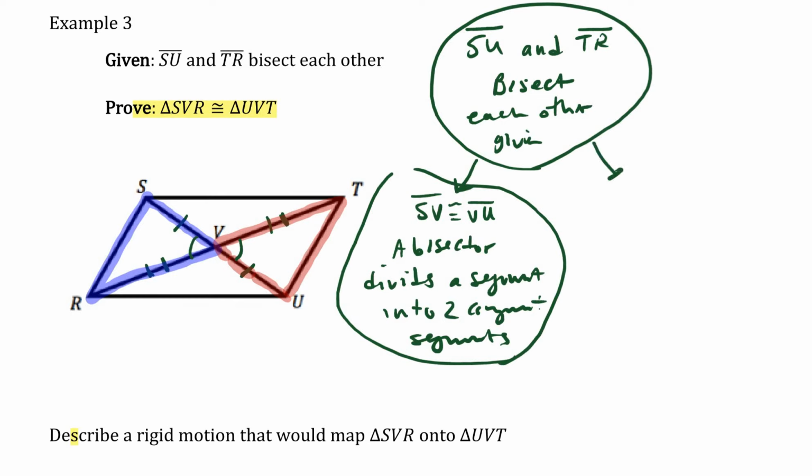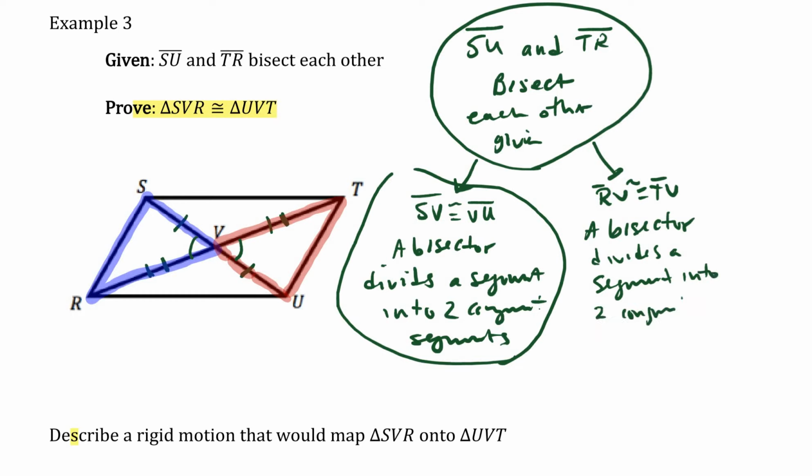And it also tells me that RV is congruent to TV by the same reason. So I can say a bisector divides a segment into 2 congruent segments. That's 2 sets of sides right there.